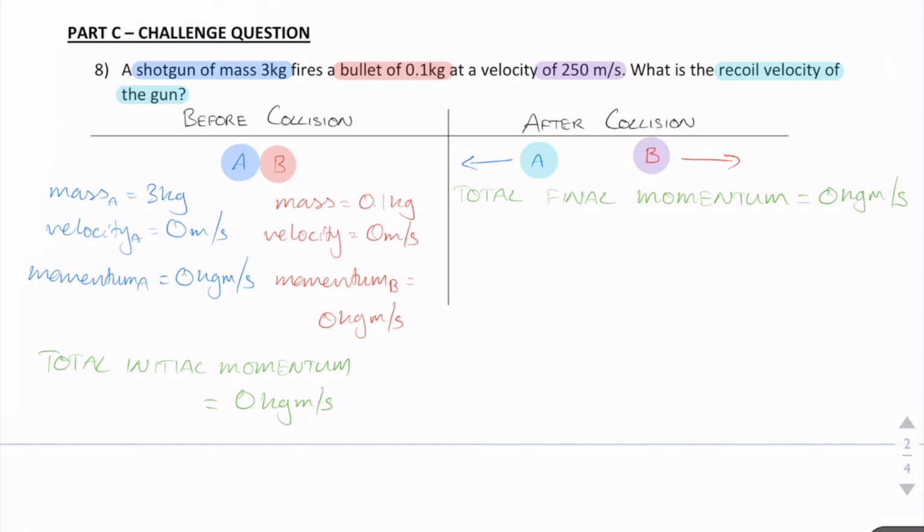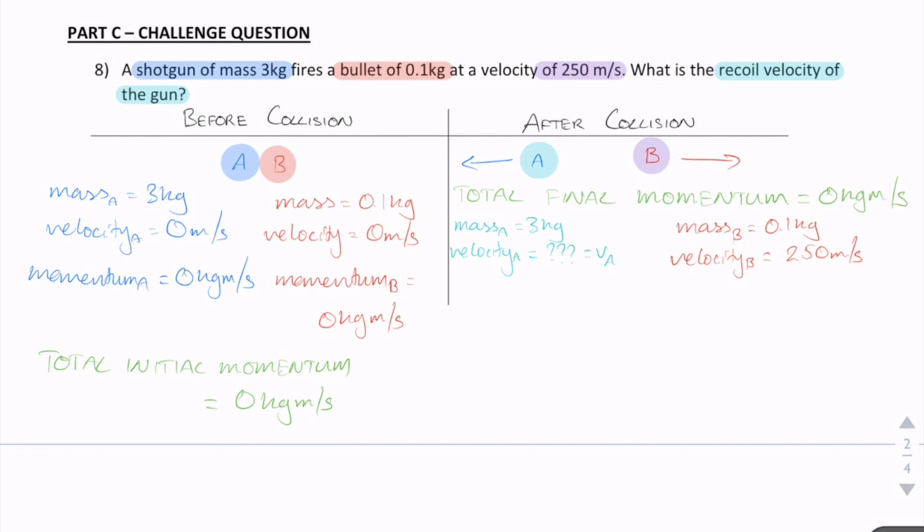So what do we know about this body? So let's do A on this side. The mass of A is 3 kilograms, and the velocity of A is unknown. Let's call that VA. Now the mass of B, on the other hand, is equal to 0.1 kilograms, as we saw before. The velocity of B is equal to 250 meters per second.